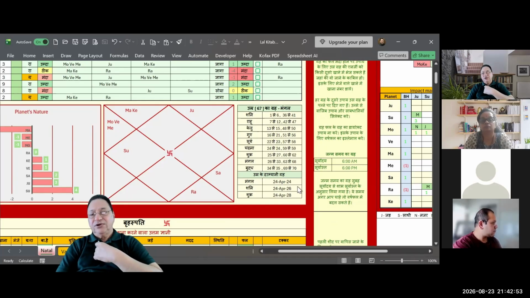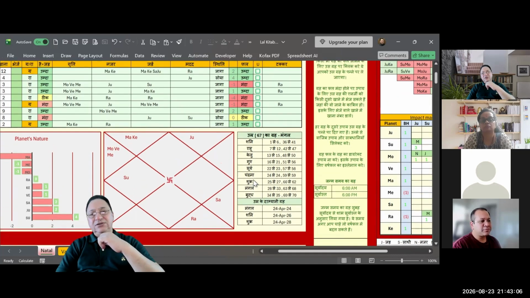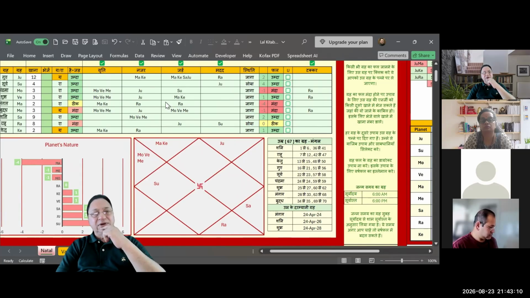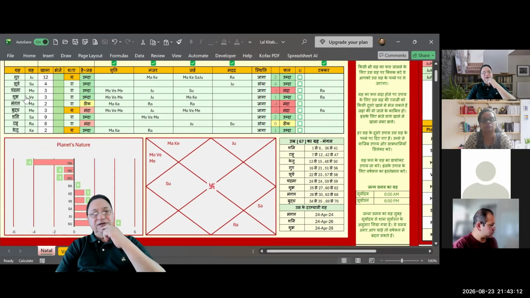So if it is 24th April 26, till then it was Shani, now it is Shukra's time. That means Shukra in Mangal is going on at this time. So this becomes easy to understand what is happening in his life at this time. You can quickly check Mangal and Shukra from here and see what impact is coming.